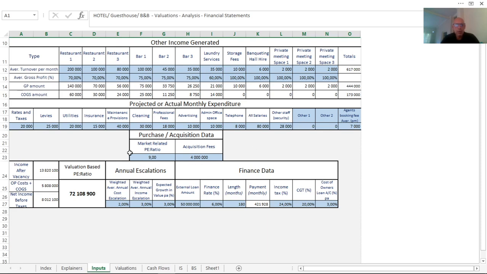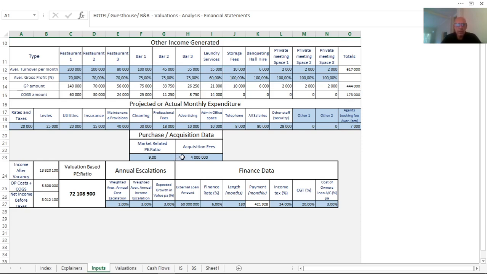For your purchase or acquisition data, we would apply a market-related price to earnings ratio figure, and for this model, we've got 9. You can change it to whatever is deemed appropriate.